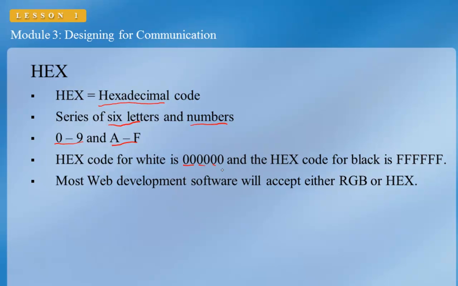White is FFFFFF, so this is opposite of the RGB. The hexadecimal code for black is all 0s. So most web development software uses either the RGB or the hexadecimal.